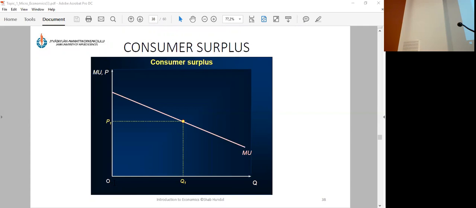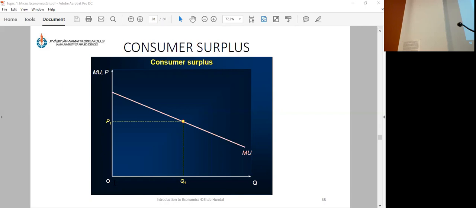Let's say the amount to consume is OQ. At this price, you are actually buying OQ amount at OP price per unit.